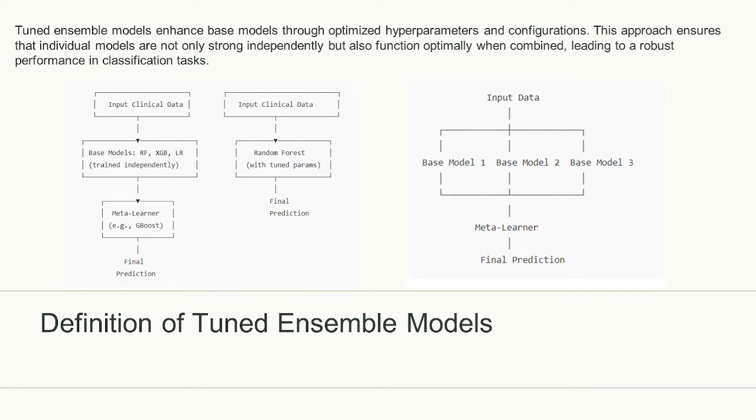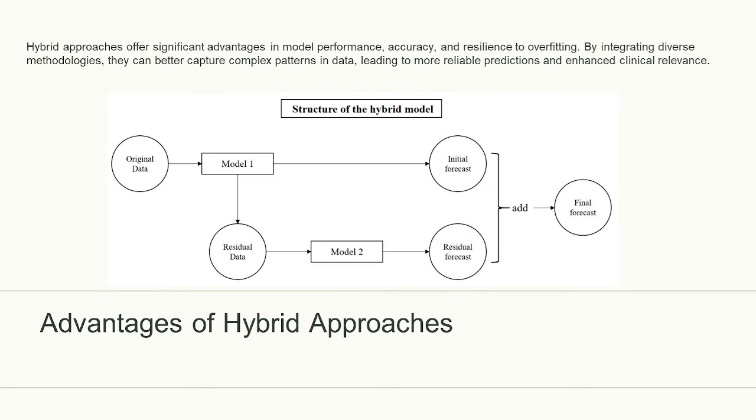With the tuning model, the input clinical data go to a tuning model directly, and by tuning the parameters or some configuration of these parameters, we get the best parameters that work for this type of dataset to get the final predictions. The base model 1 in figure 2, base model 2, base model 3 as an example, from the input data, create a meta learner based on these models to get the final prediction.